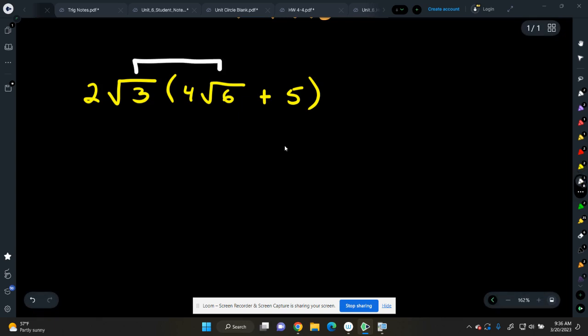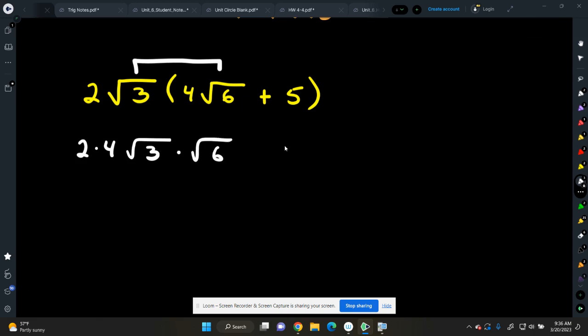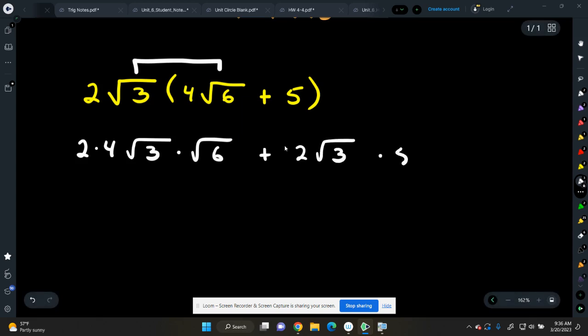Okay, now we multiply what's on the outside. So this is going to be 2 times 4, and then the square root of 3 times the square root of 6. Plus, I'm going to write it out longhand for now.